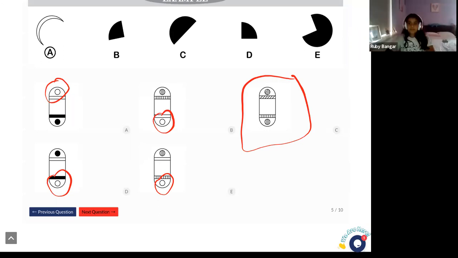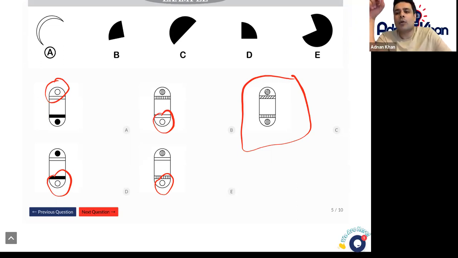So A, B, D, and E all have white circles, but C doesn't have a white circle because they're all shaded. I think Zoya got it now, so that's good. Okay, good. So C will be the odd one out in this case.